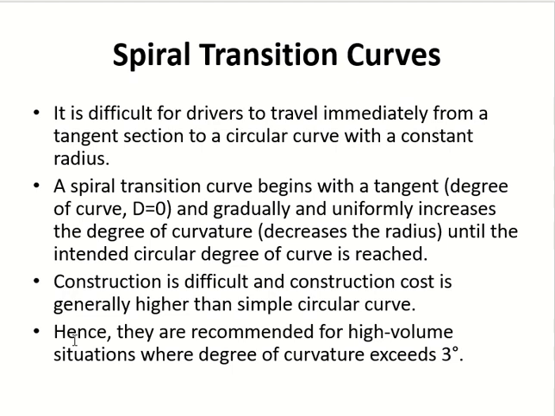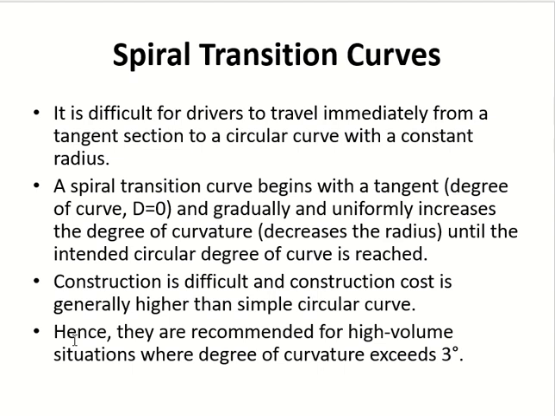Now we already mentioned that the advantage of a spiral transition curve is better safety for the driver. It is safer for the driver because he is changing the direction point by point, not suddenly. Clear? But there is a downside as well. Which one is more difficult to draw, a circular curve or a spiral curve? A spiral curve, right? A circular curve is part of a circle. You know the radius, you can draw the circle, no problem. But a spiral curve is higher degree.